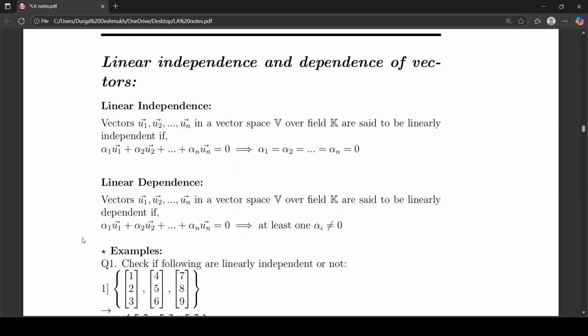But if the dependence relation is 0 and there is at least one constant which is non-zero, then they are linearly dependent.